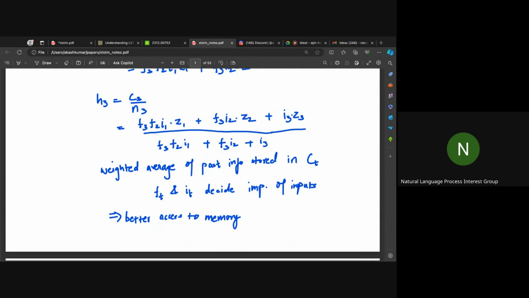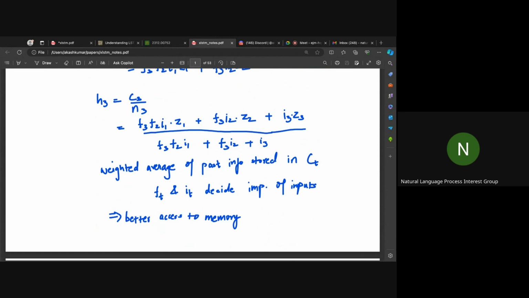So this gives the model new capabilities for a whole lot of tasks. How? Let's say we have a sequence of length 10, and somewhere in the sequence there is important information that we have to recall at the 11th time step.